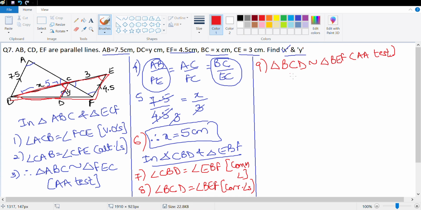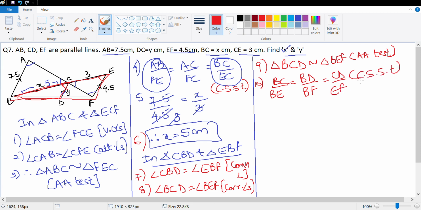Which means what I'll get is BC. Did I write CSST? No, I should write CSST here for the previous point also. This will also give me BC upon BE is equal to BD upon BF is equal to CD upon EF. This is CSST. Do I know the value of BC? Yes, I know BC is 5. BE is 5 plus 3, which is 8. BD I don't know, which means I am looking at CD and EF and this part.